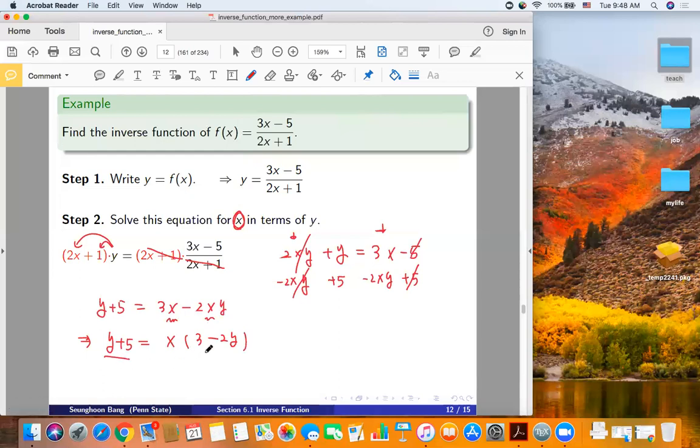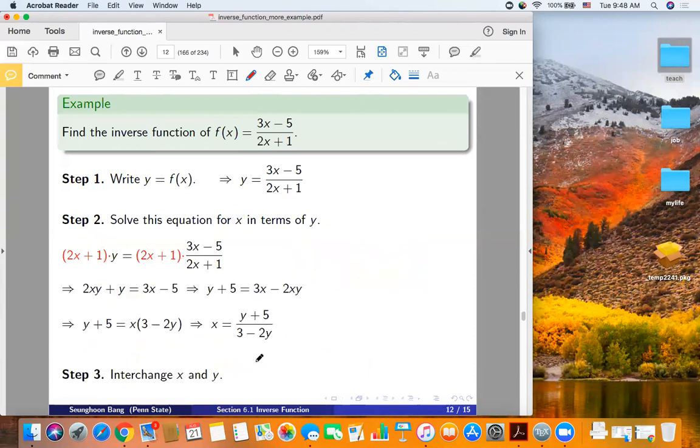Next, divide both sides by the coefficient of x, 3 minus 2y. Cancelled. So we have x equals y plus 5 over 3 minus 2y. This is step 2. Does it make sense? This is the whole idea, like this.